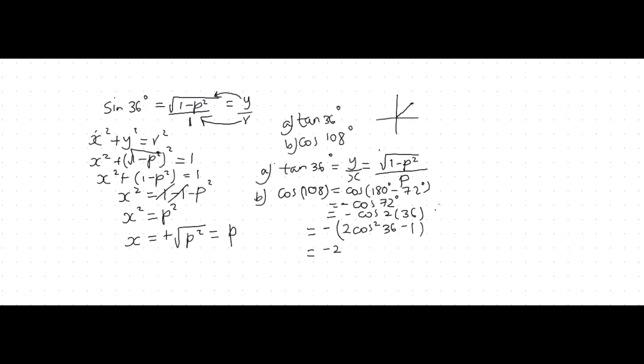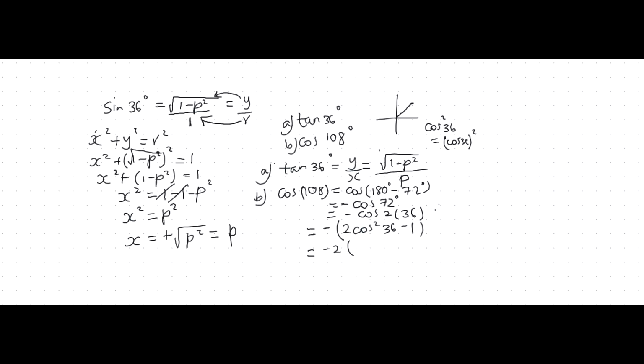Now I can replace the cos 36. When you have something like this, I can just have a bracket. Cos is x over r in this case.